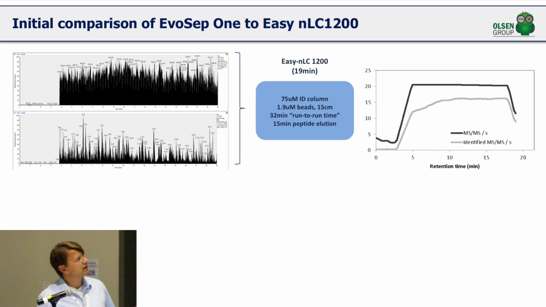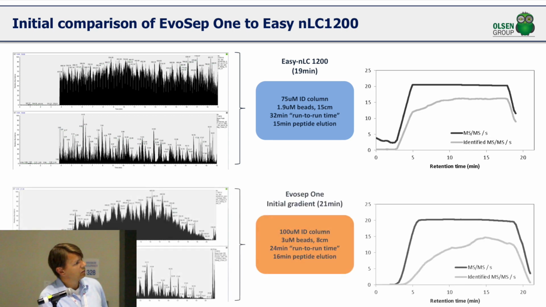So a 15-minute gradient typically translates into something like more than half an hour of run-to-run time. So we thought that with the EvoSep system, it would be interesting to see if we could reduce this run-to-run time but still achieve the same peptide identification space.